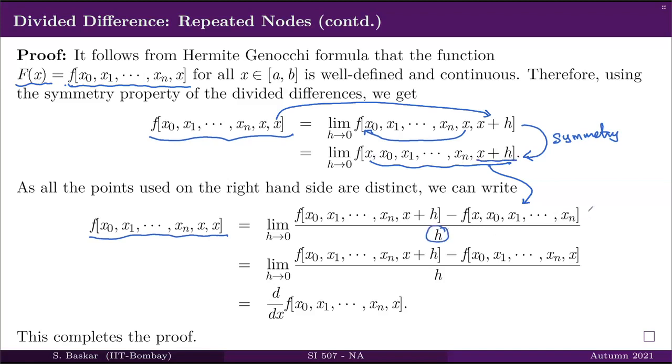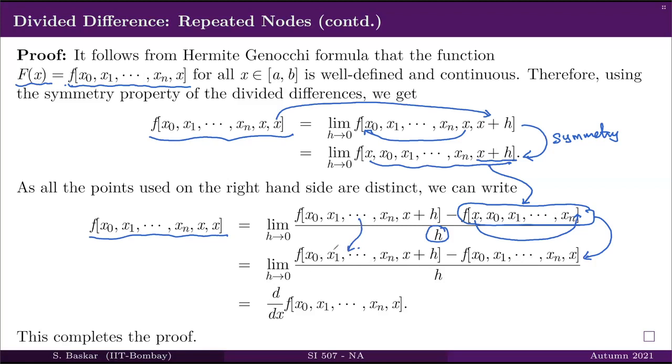Now again by symmetry, I will just rewrite this by this. How? I am just pushing my x to the last position again and writing this as f of x0, x1 up to xn, x, whereas the first one is retained as it is, and I am writing this expression.